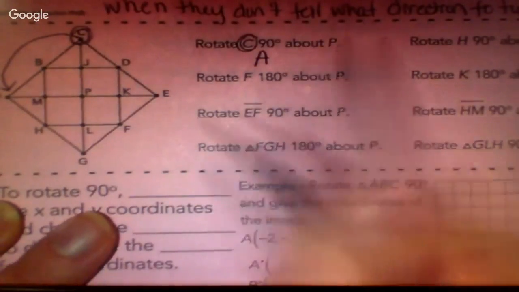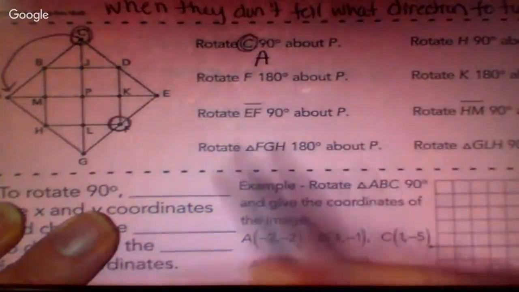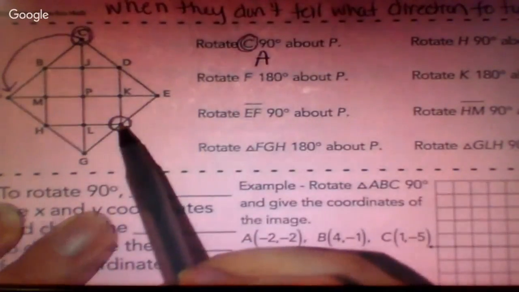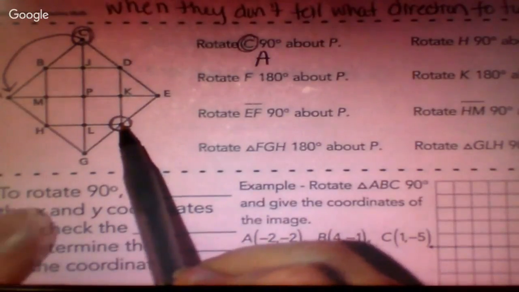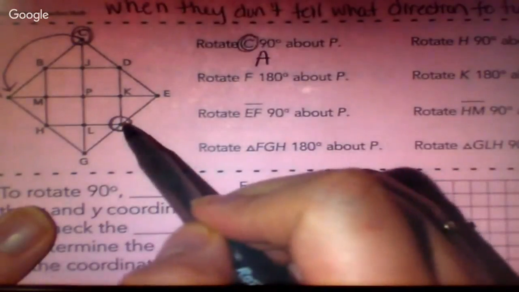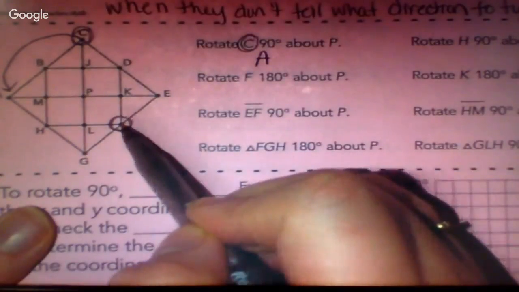We're now at point F. So I'm here. If I'm going 180 degrees counterclockwise, it goes where B is. Okay, take a look. You're in the bottom part of this square. 90 degrees would take you to D. 180 takes you over to B.